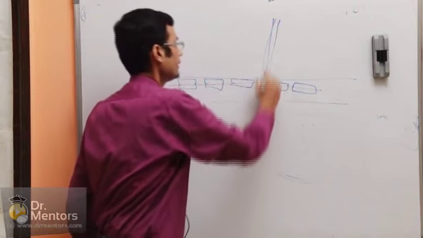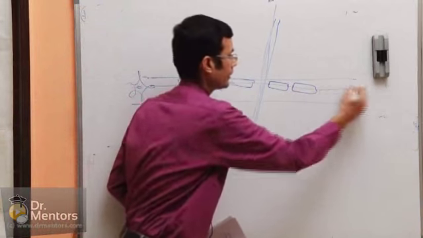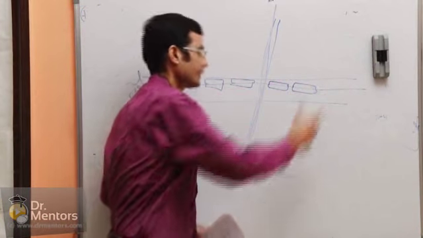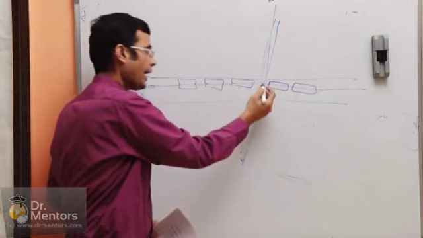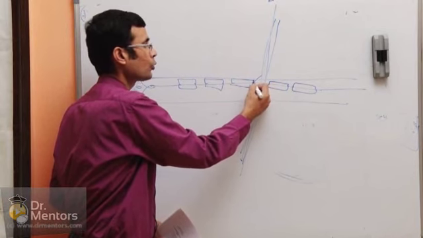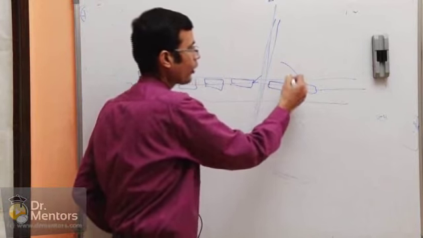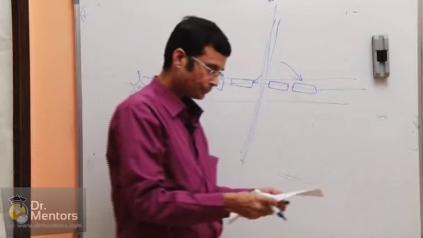So this is the sharp cut nerve, and Wallerian degeneration is seen in the distal stump and in the proximal stump up to the nearest node of Ranvier. So that's not much. So basically we are only talking about the distal stump.